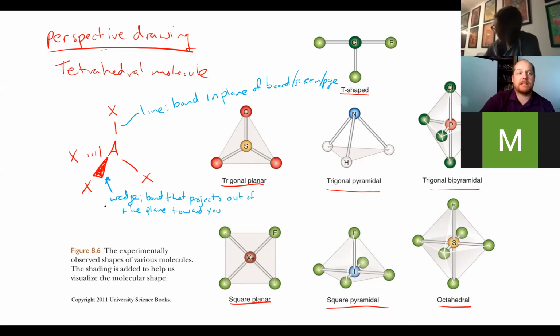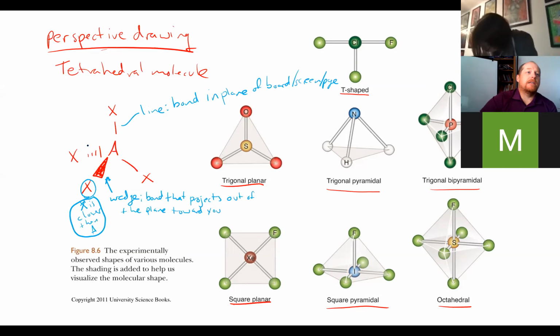So that atom, this atom X, is closer to you. So X here is closer than A.